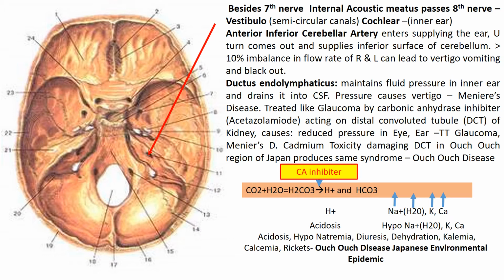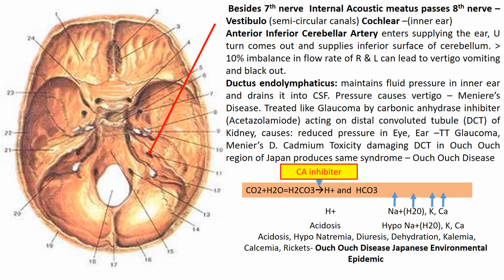Now there is something which damages the distal convoluted tubule: cadmium, which was found near the Ouch River in Japan. That water was contaminated with cadmium and it damaged the distal convoluted tubule of a large amount of the population, so that the carbonic anhydrase was inhibited.